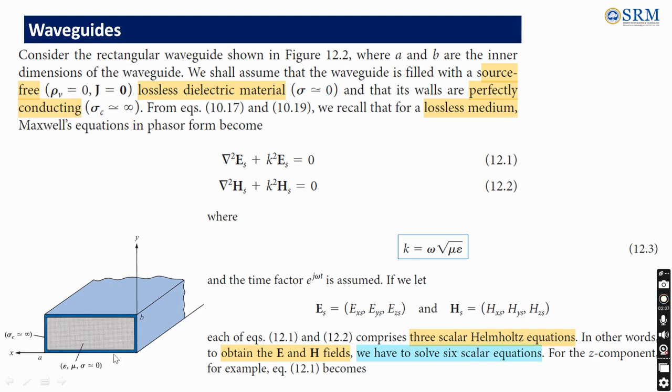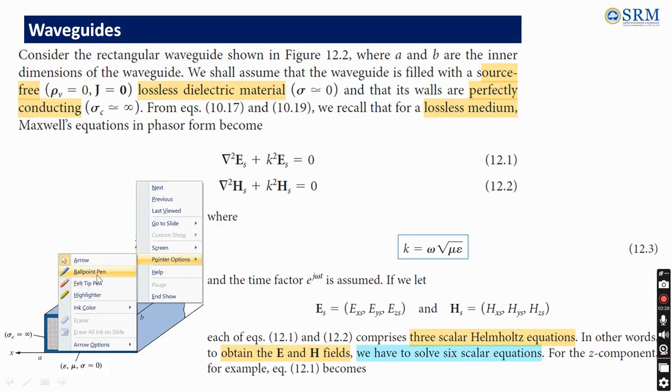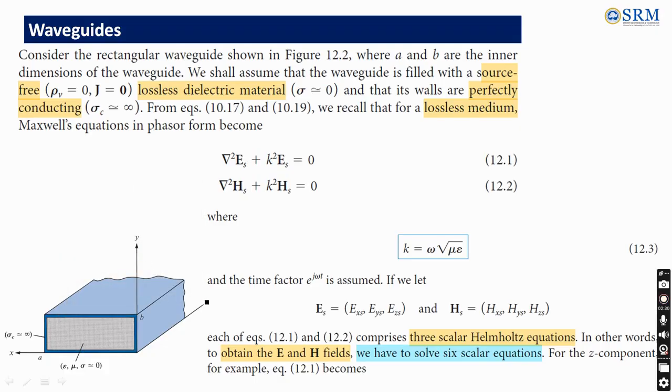So this is the rectangular waveguide we are going to consider. Along the x-axis, the broader dimension of the waveguide, a, is placed, and along the y-axis, the narrow dimension b is there. And wave propagation is along the z direction, and the waveguide is filled with lossless, source-free dielectric material.